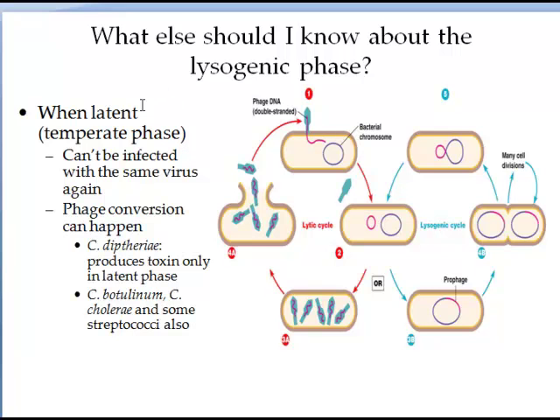Up here you can see on the left is the same lytic cycle, showing how the phage DNA infects. Once the phage DNA is infected, it has two options. It can either go to the lytic cycle, which we just finished discussing, or it can go to the lysogenic cycle. In the lysogenic cycle, you can see the phage has incorporated its DNA into the host cell's DNA and begins the lysogenic phase.